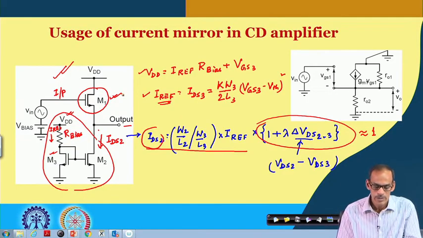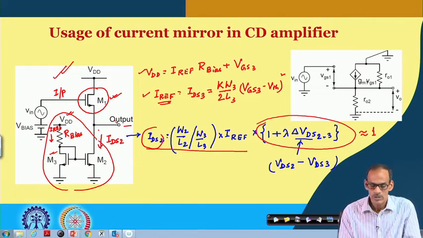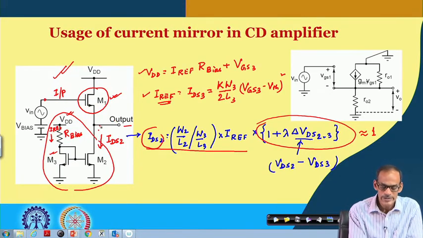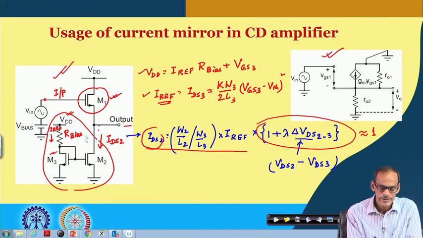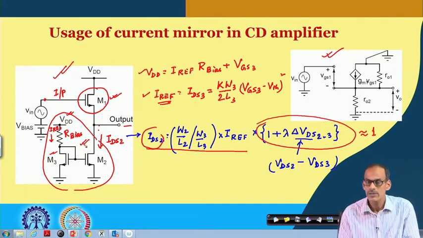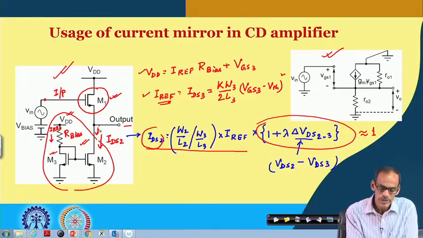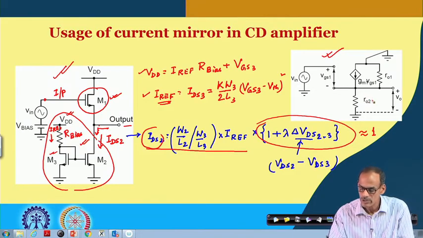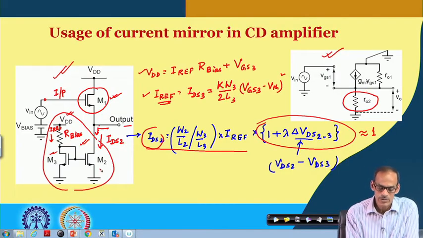Again, once you get the DC operating point, then to get the input to output relationship, you can draw the small signal equivalent circuit. Similar to the previous circuit, since the current mirror is not carrying any signal current, out of the current mirror it is only the RDS of transistor 2.